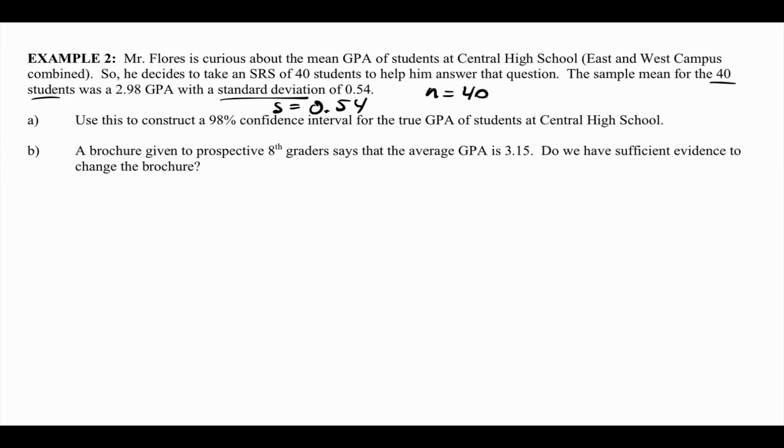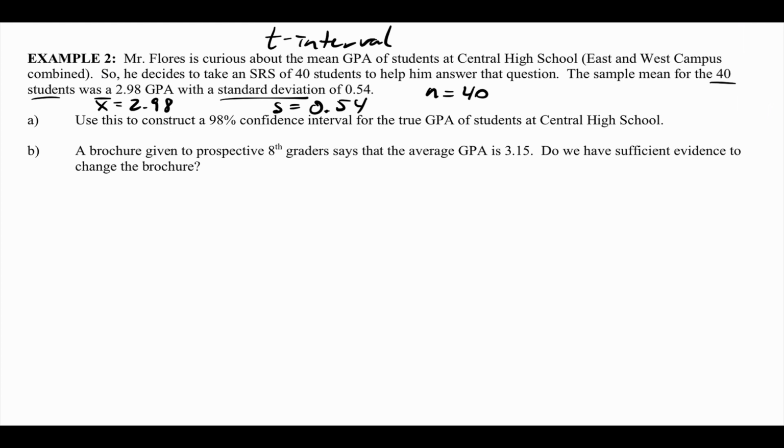Same thing with the GPA. The 2.98 and the standard deviation are both statistics based off the sample, not parameters. So we're going to use T. It's going to be a T interval.